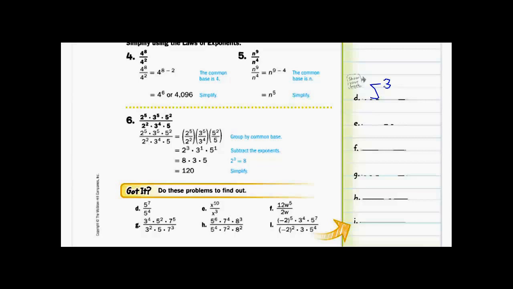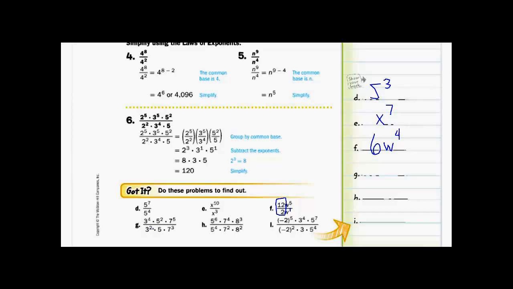Okay, E, like bases. X to the 10th divided by x cubed, x to the 7th. Whenever I have coefficients in front, just like I did on the multiplication, I multiplied them. So if I have numbers in front, I just divide them. So I would have 6, w to the 5th divided by w to the 1st would leave me with w to the 4th.